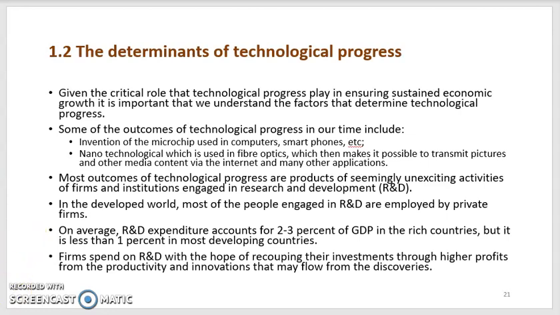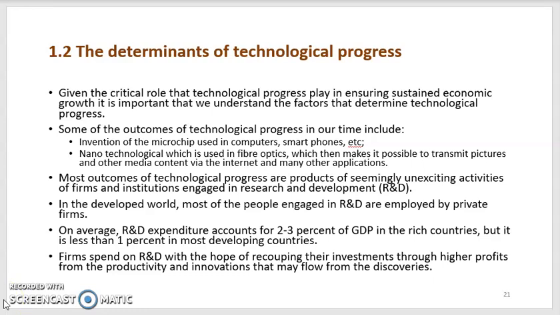Given the critical role that technological progress plays in ensuring sustained economic growth, it is important that we understand the factors that determine technological progress. So when we think about technological progress, a picture that comes to mind is an image of major discoveries.